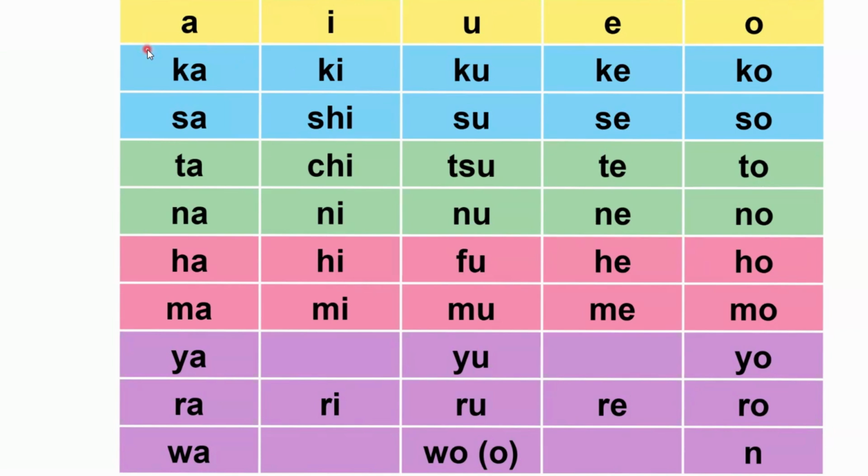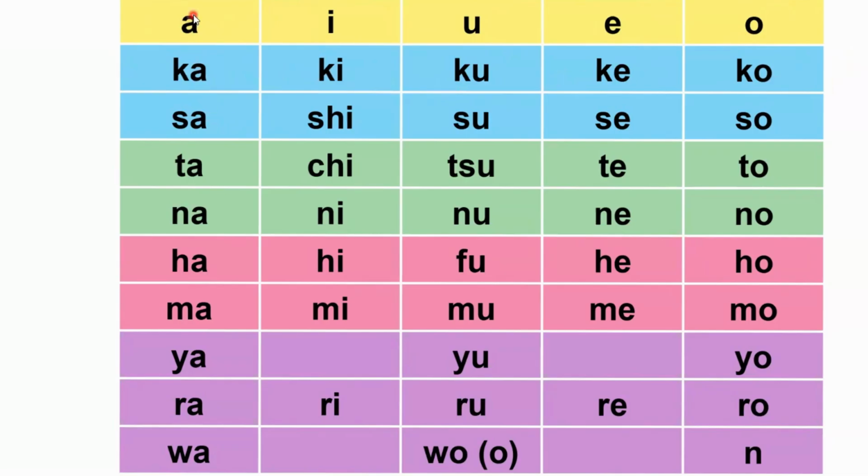The best part about all these characters is that if you know the first row, A, I, U, E, O, all the respective rows follow the same pattern. When they combine with the K row, it becomes Ka, Ki, Ku, Ke, Ko.